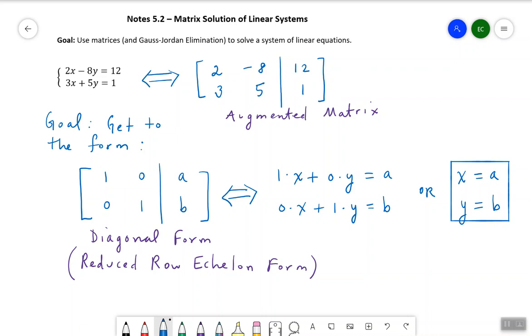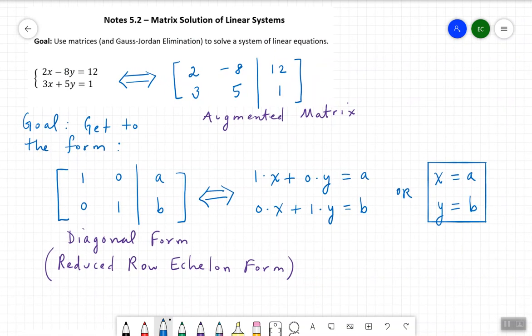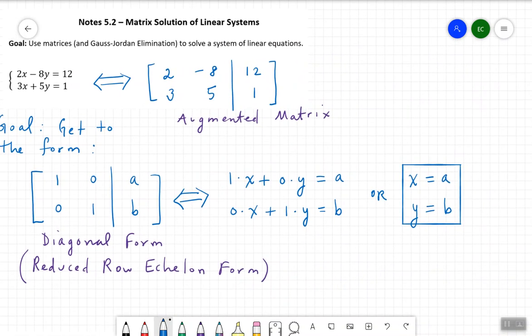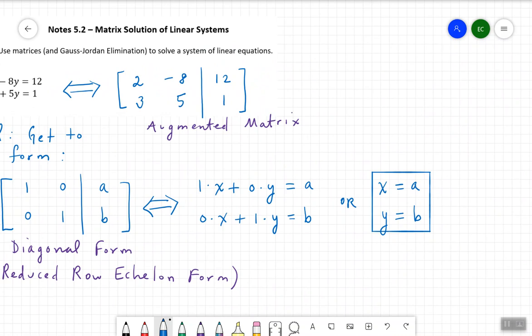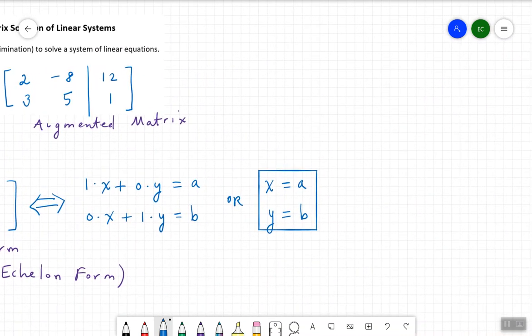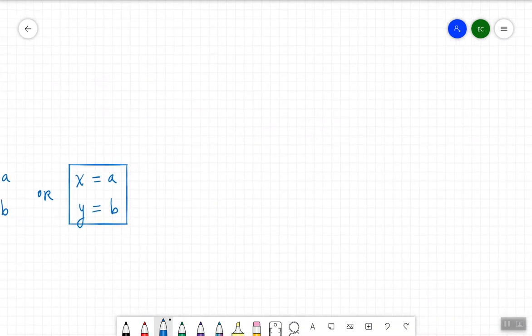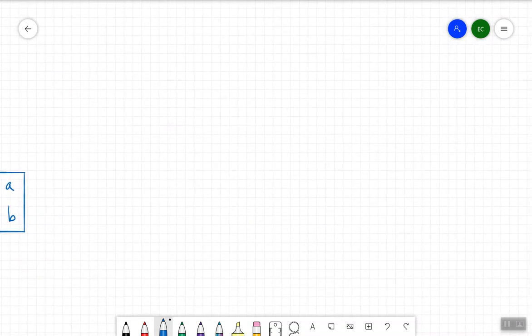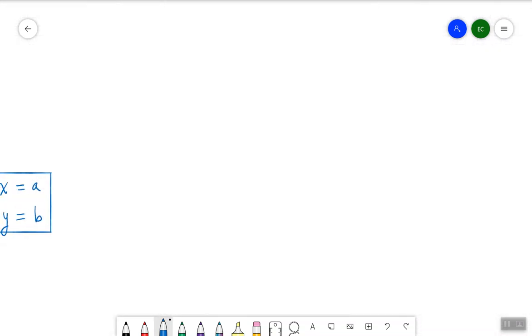And so let's show you through the example what we want to do, and then we'll go back and summarize at the end. So I'm going to move all the way over here to get some blank space. We're going to take our matrix, which is 2, -8, 12, and 3, 5, and 1.